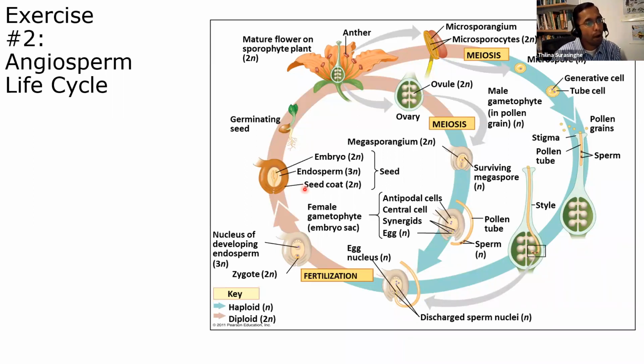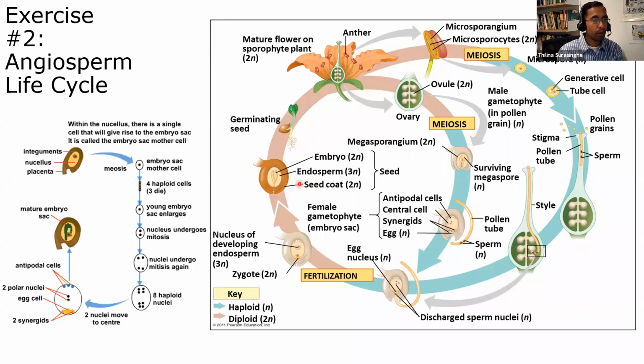Now, remember, from the fertilization point onwards, these particular parts are not just diploid. It is a combination of both diploid and haploid, right? Until the endosperm completely disintegrates, the seed will contain some parts that are triploid, right? That's something really, really important to understand, right?